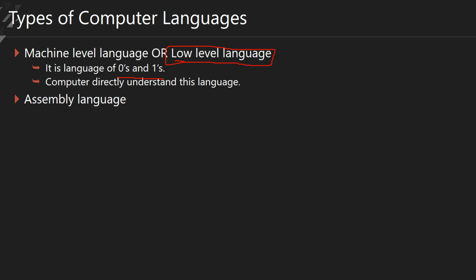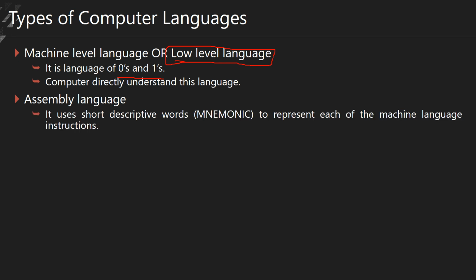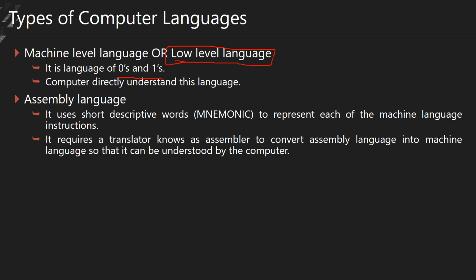What do you mean by assembly level language? Assembly level language, as I told, is converted from assembly to machine. It uses mnemonics to represent each machine language instruction. A translator known as an assembler converts assembly level language to machine level language so that it can be understood by only the computer, not by the user or the programmer. It is a kind of 8085 instruction set.